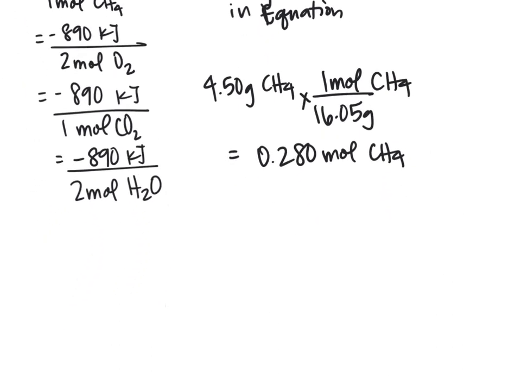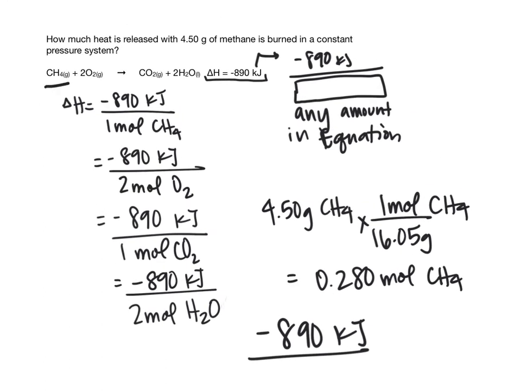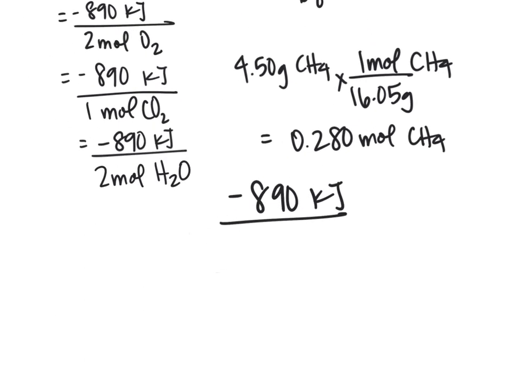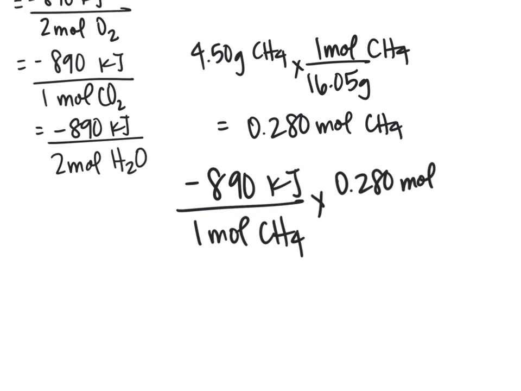So we're going to take our negative 890 kilojoules, and based on the equation here, you can see that it's only 1 mole of methane. We're going to multiply that by the number of moles that we used, which is 0.280 moles of CH4. And so in this case, we're going to get negative 250 kilojoules.